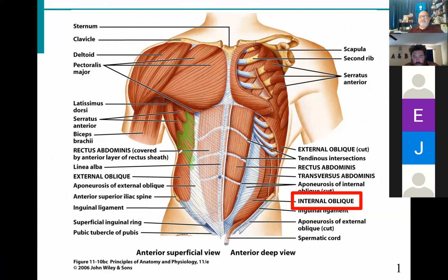So this is our external oblique. But on this side, they've cut it, so we see the internal oblique that only comes up to the ribs, and its fascicles go down and out.